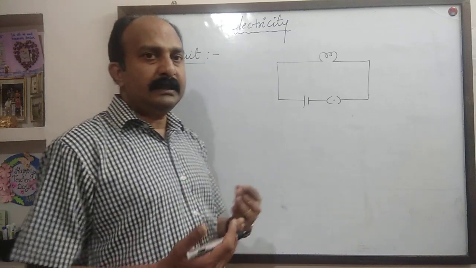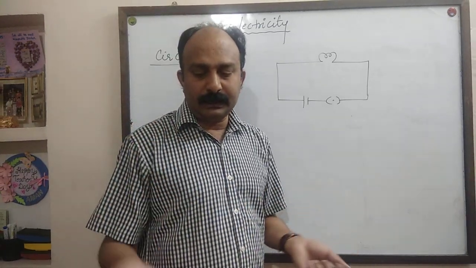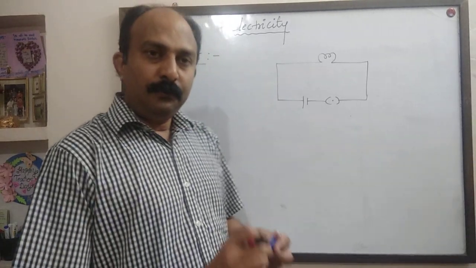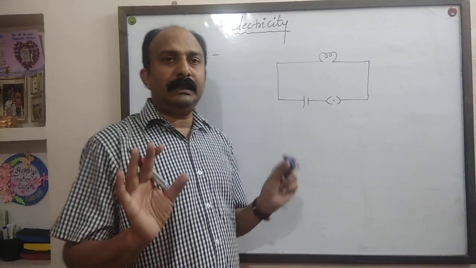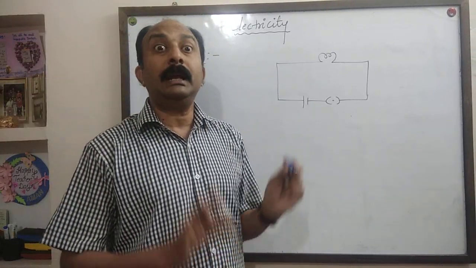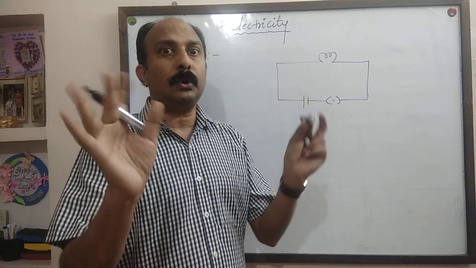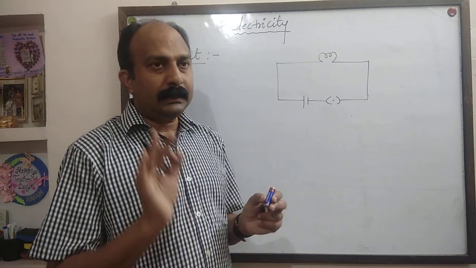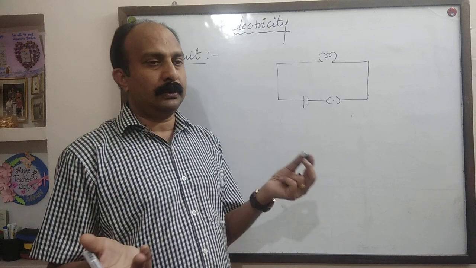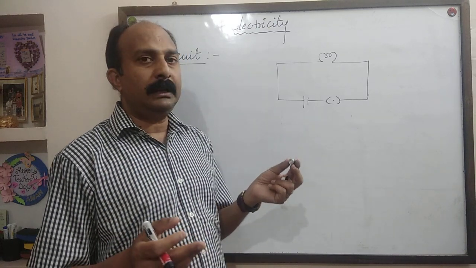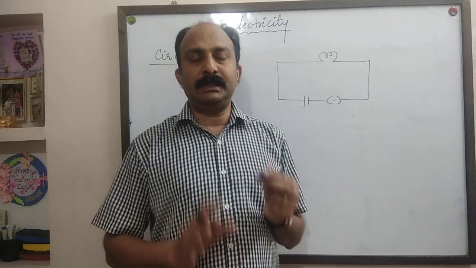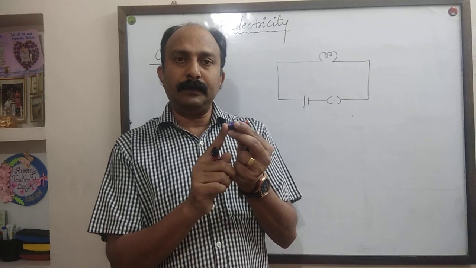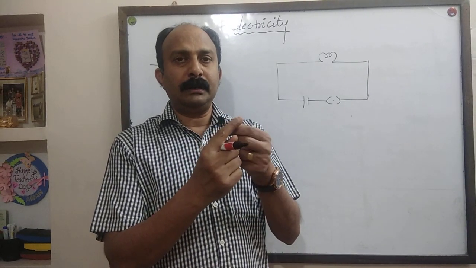Now, let us discuss the direction of electric current. We know that electric current is nothing but the flow of electric charge, that is electrons. Electric current is the flow of electrons. In class 9 you have studied electrons are negatively charged. So this is the negative terminal, this is the positive terminal.